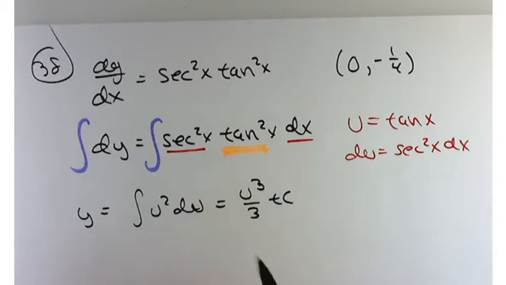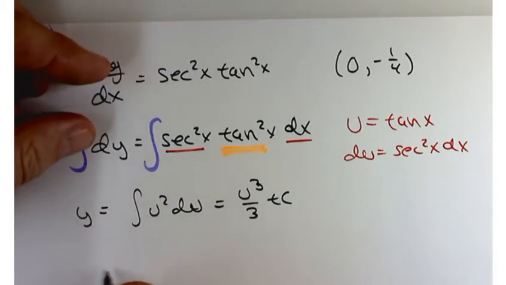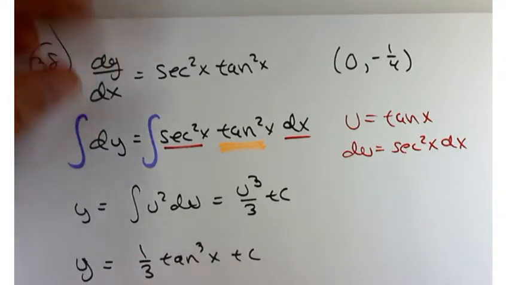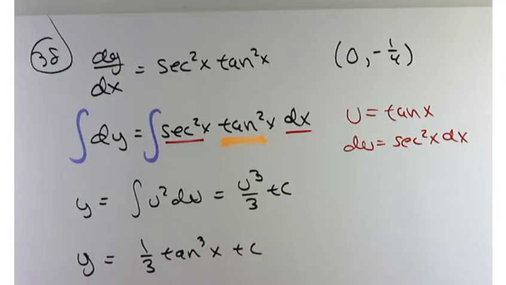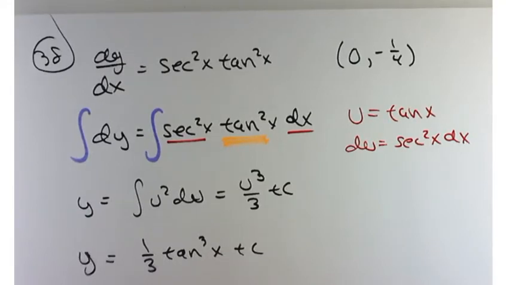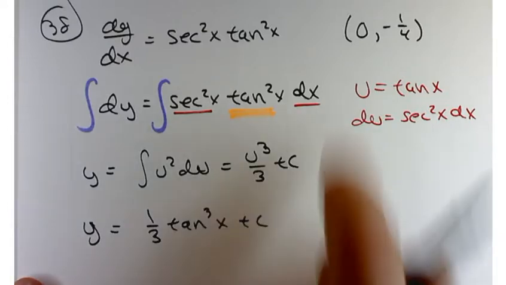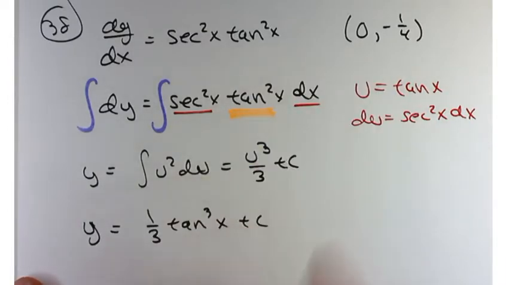Substitute back in for u. Y equals 1/3 tangent cubed of x plus a constant. All right, looking pretty good. The only thing left then is to solve for the constant.